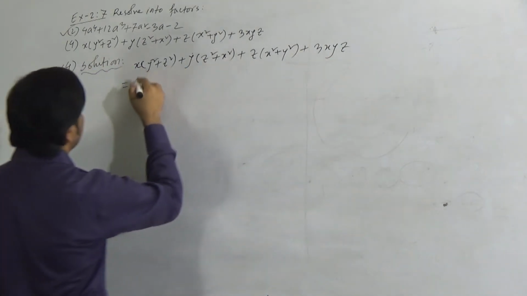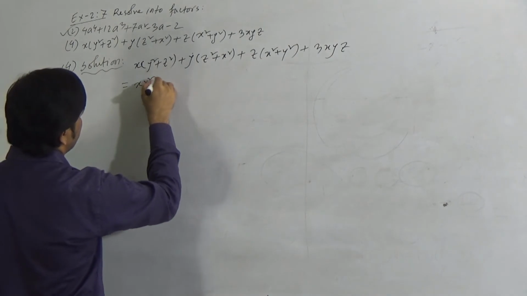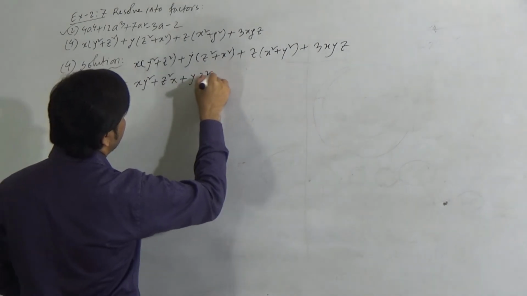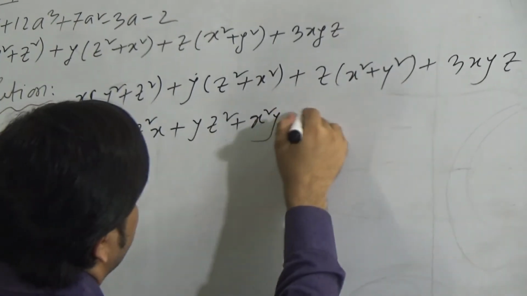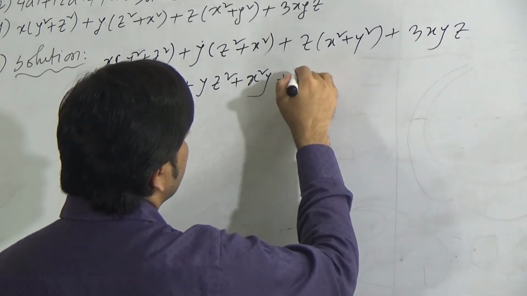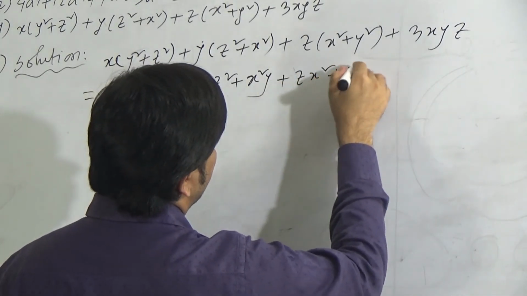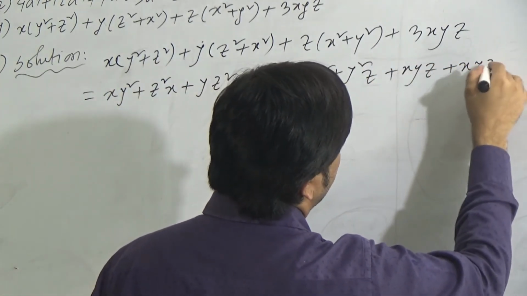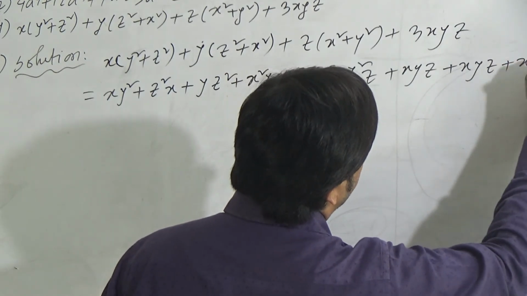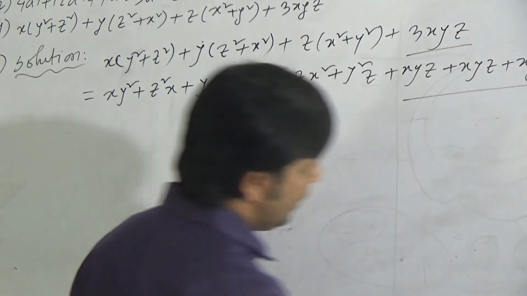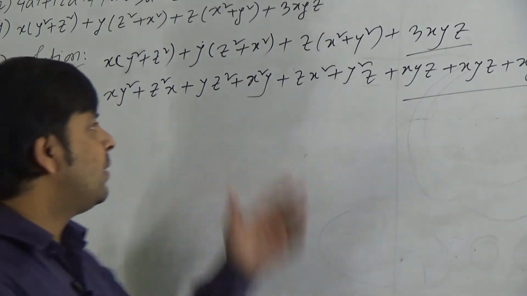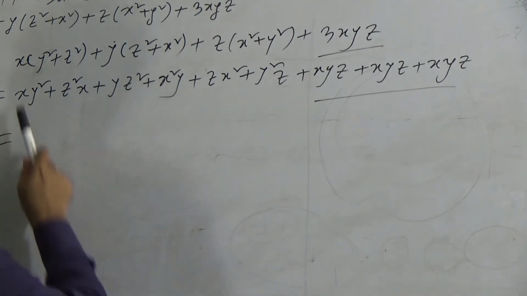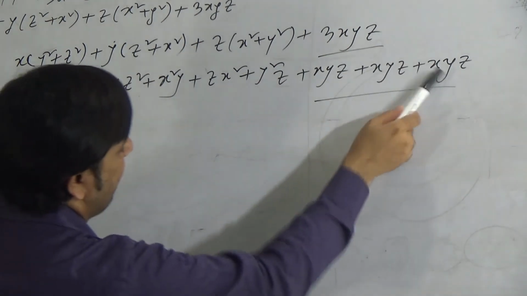In the first term, if we multiply, we will get xy square plus z square x plus yz square plus x square y plus zx square plus y square z plus xyz plus xyz plus xyz. So we can express 3xyz as the sum of three xyz. Now we can count the total number of terms here: 1, 2, 3, 4, 5, 6, 7, 8, 9, total 9 terms.